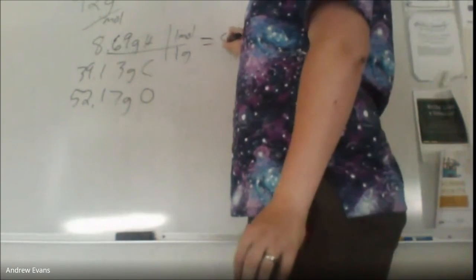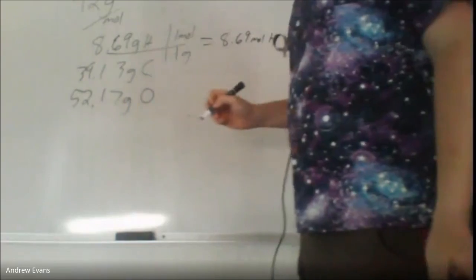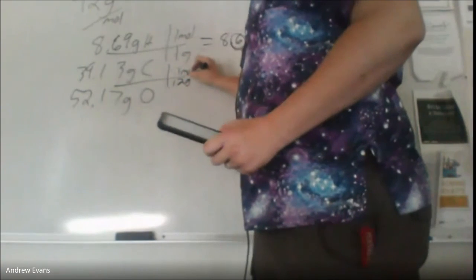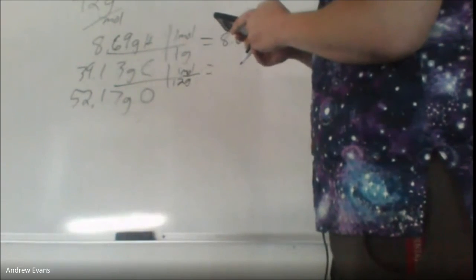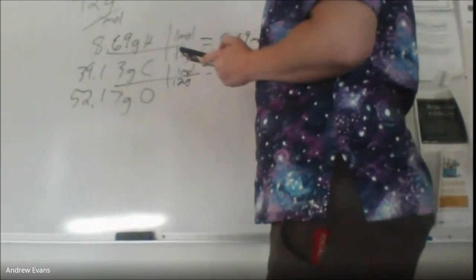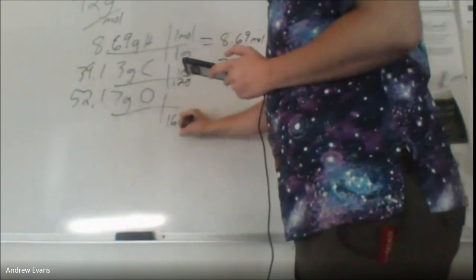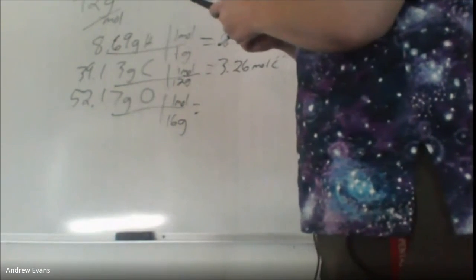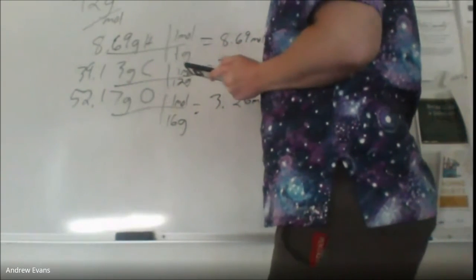You're going to get 8.69 moles of hydrogen. 39 divided by 12 grams, 1 mole, 3.26 moles carbon, and 52.17 divided by 16 grams per 1 mole of oxygen, 3.26 moles of oxygen.